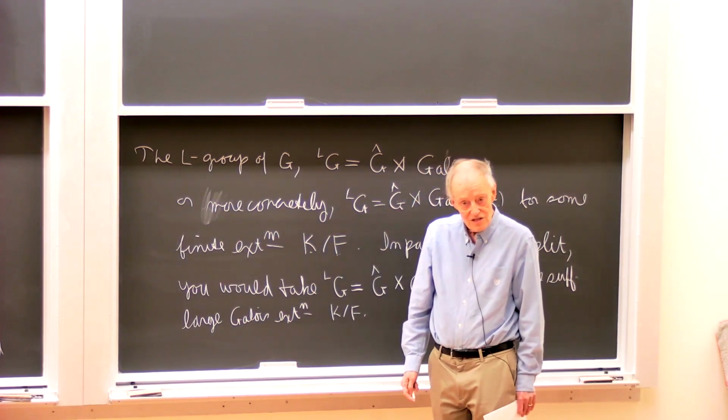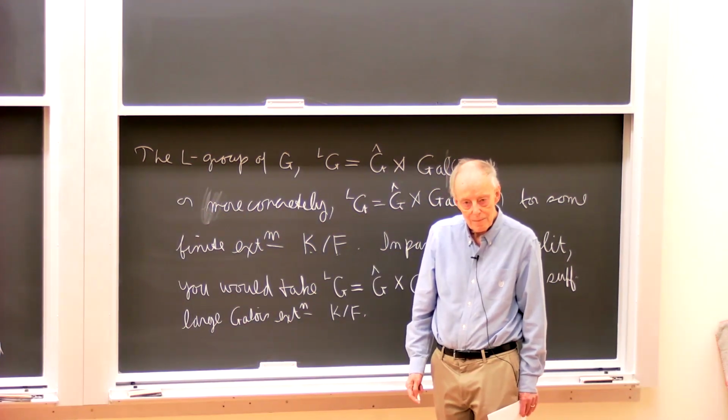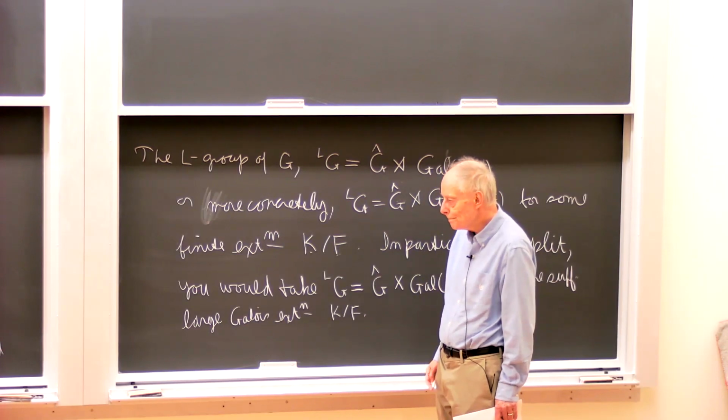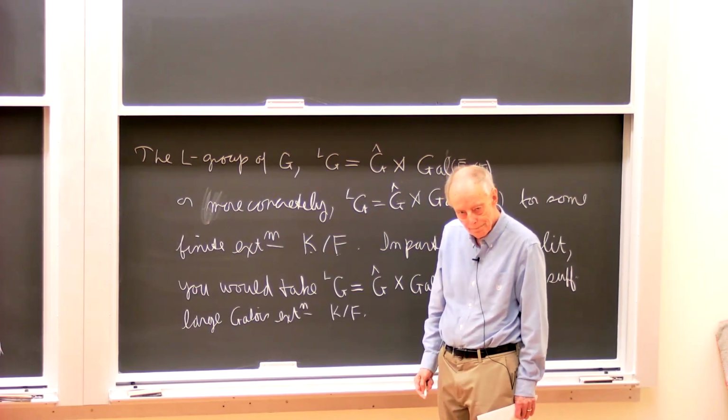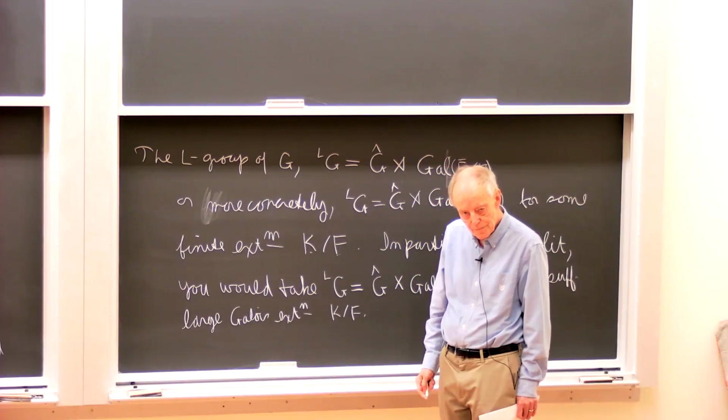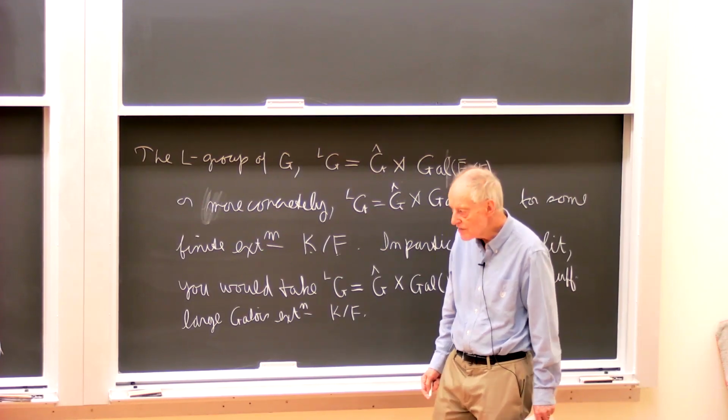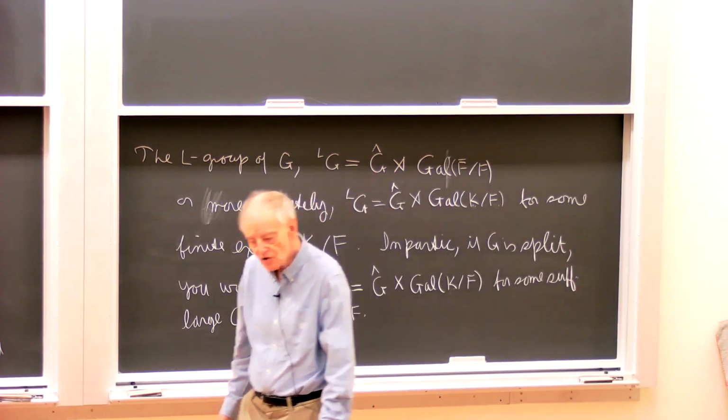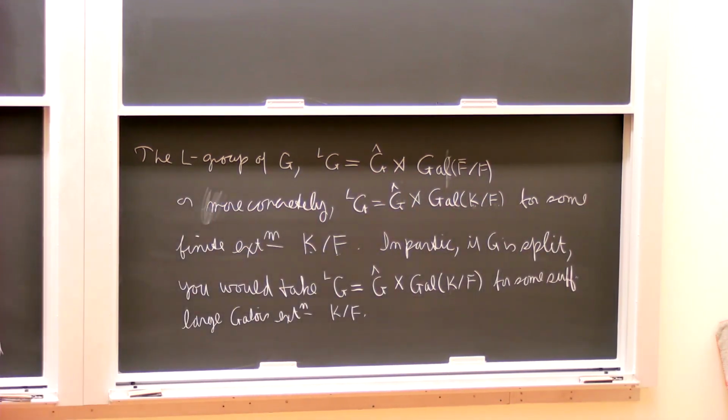Any questions? Yes. You're saying, if you have a split group, this comes with a homomorphism from the Galois group into the automorphisms. This is by Chevalley's description? No, Chevalley didn't talk about that at all. The person that did that was a follow-up. It was Steinberg. Chevalley constructed all what are known as split groups.